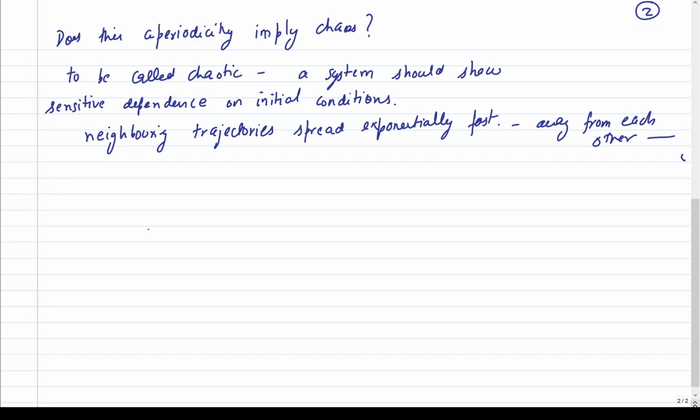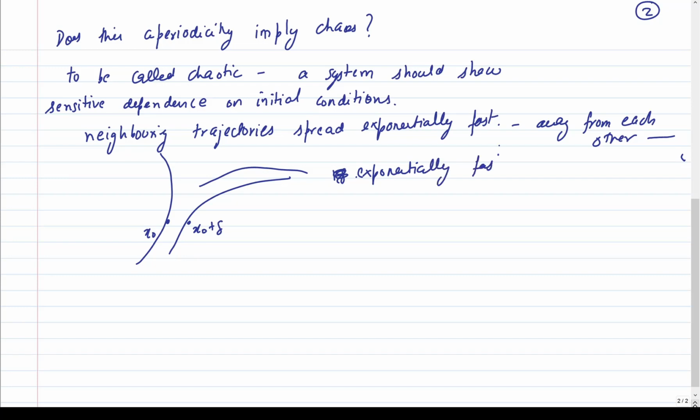So these are the two trajectories. I start at x0 and a trajectory very close to it. The rate of separation of these trajectories is exponentially fast. We're going to quantify this spread.